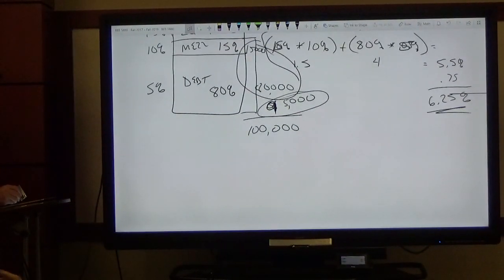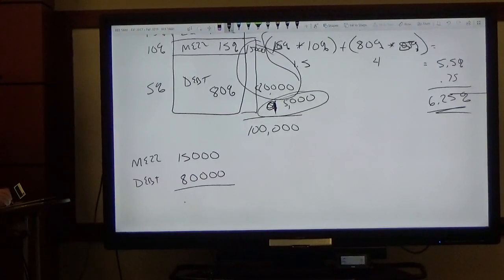Let me redo it down here. So we've got our mezz, 15,000, we've got our debt at 80,000, total 95,000.